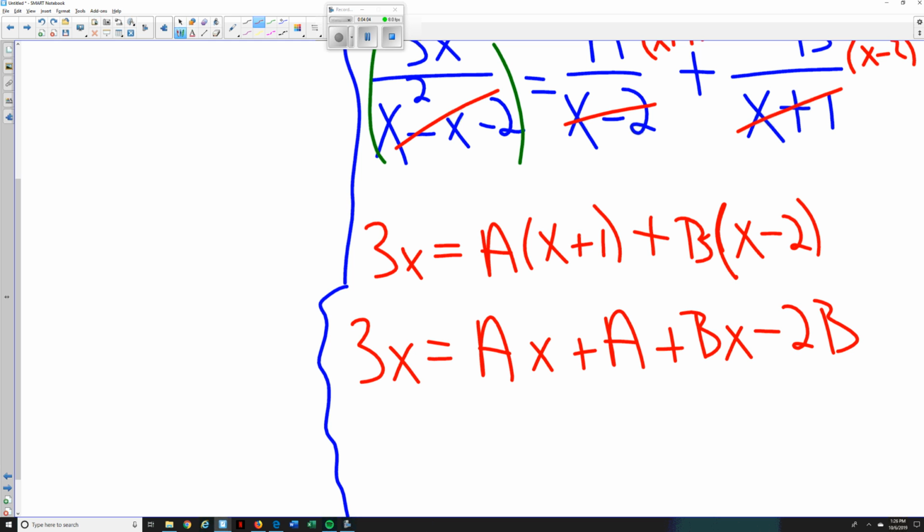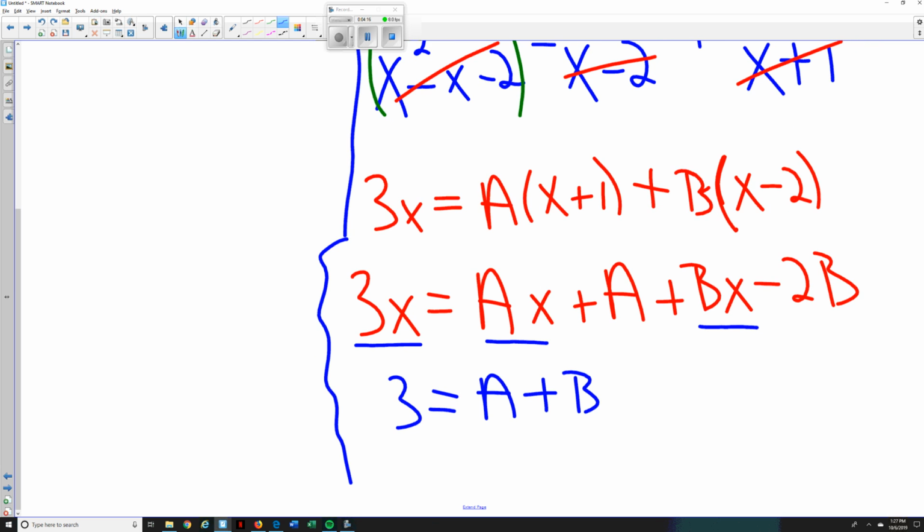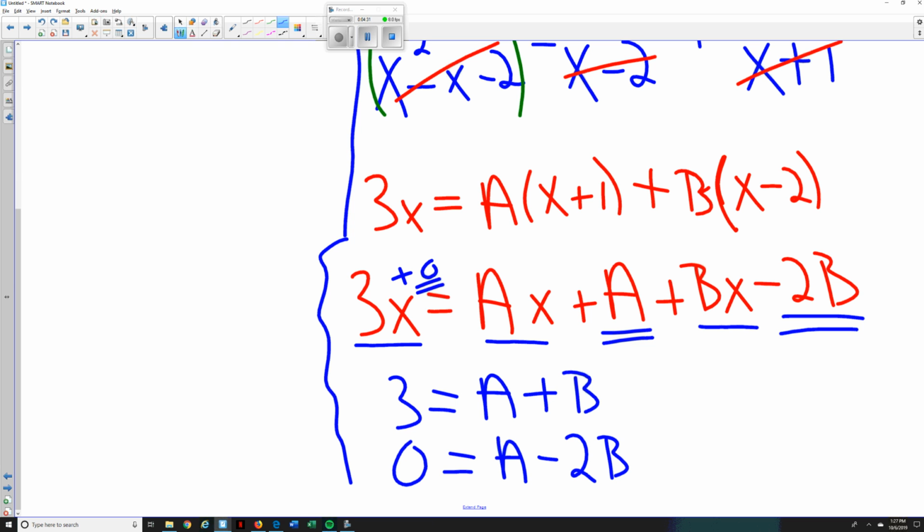And notice that these have x's in them. So we get 3 equals a plus b. And if I scroll down a little further, then we know that a minus 2b, well, there's nothing over here. Well, a minus 2b has got to equal 0. So 0 equals a minus 2b.